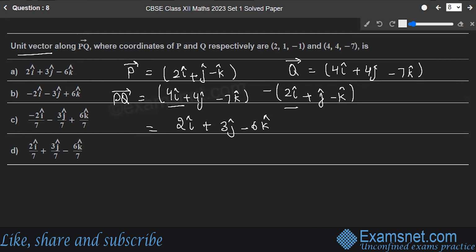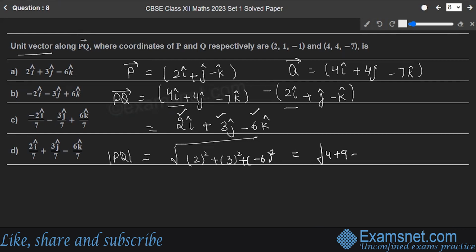So unit vector will be given by, first of all, let's find the magnitude of it. The magnitude is given by 2 square plus 3 square plus minus 6 square, which is 4 plus 9 plus 36, that is 49, or that is equal to 7.